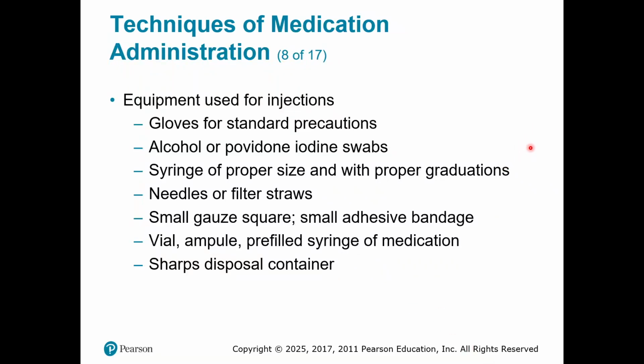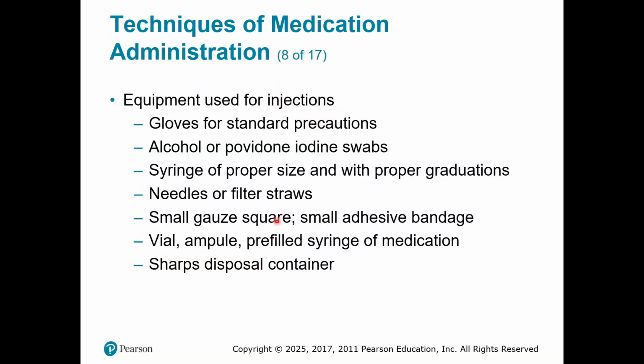So what are some of the things we're going to need for equipment for use for injections? Well, we're going to need gloves. We're going to need alcohol prep. You're going to need the proper size syringe. You're going to need the proper needles or filter straws. The filter straws are for those glass ampules. Once you break them, for years we didn't have filter straws, but now we do. And it would filter any type of glass or anything that would be in there.